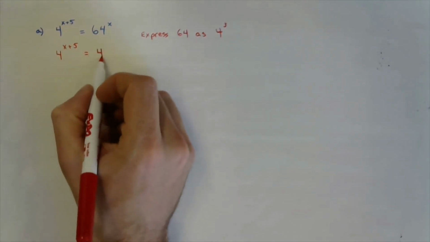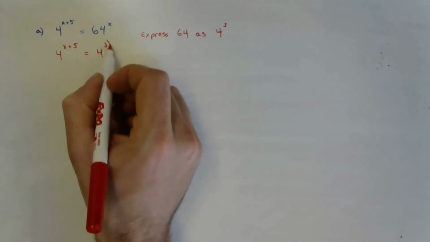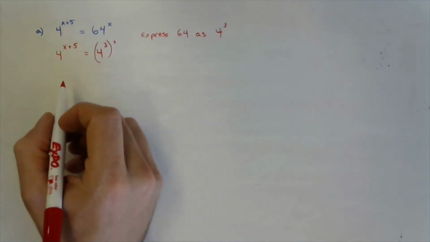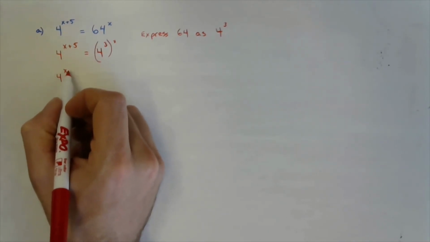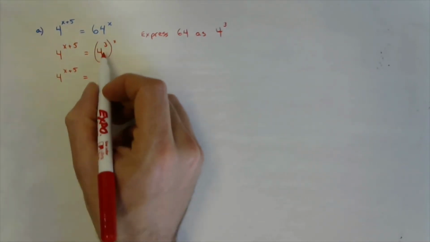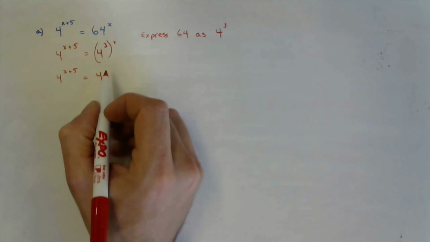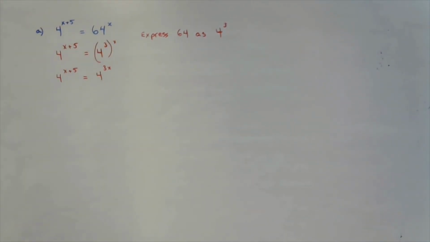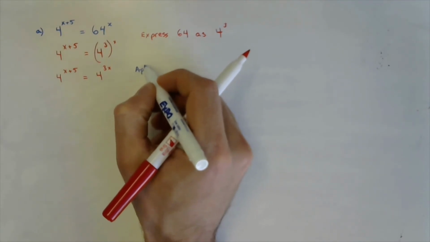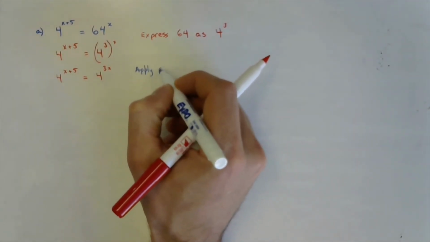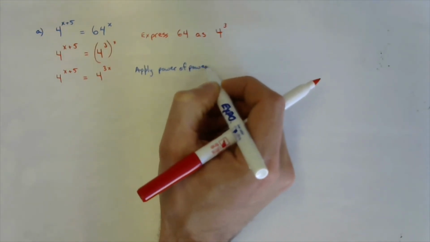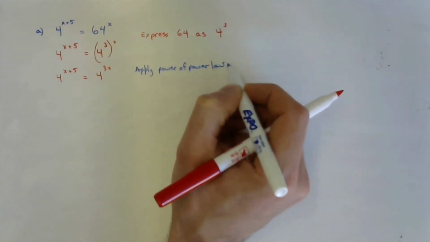But over here, we now have 4 to the power of 3, all to the power of x. Our next step is pretty easy. We apply the power of a power law of exponents, and we get 4 to the power of 3x.